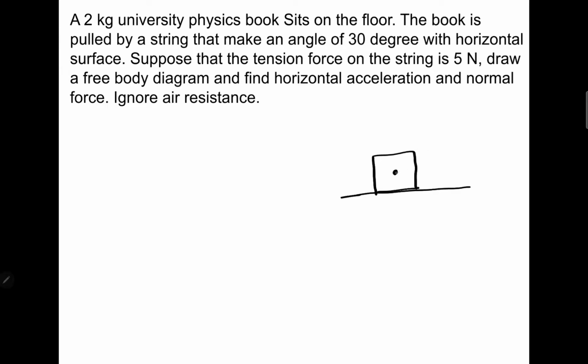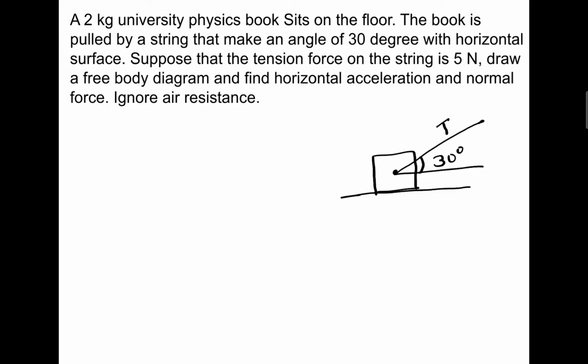So I'm putting a string right here, and this string is making 30 degrees with the horizontal, right? This is the 30 degree angle. The tension in this string is 5 Newton. So I will say the tension in the string is T. Okay, this is a kind of force, tension force.